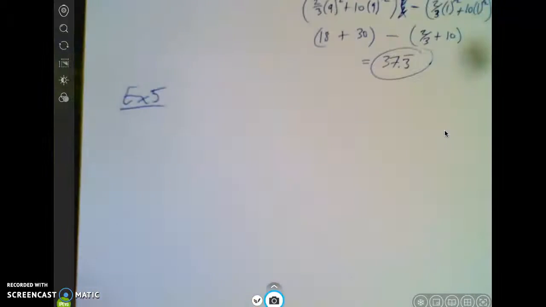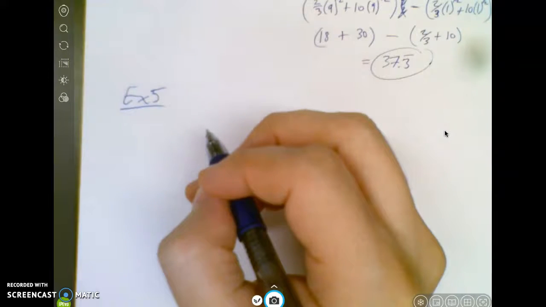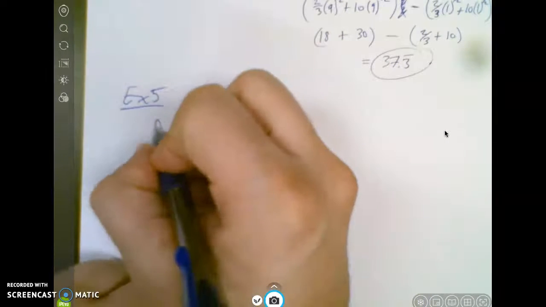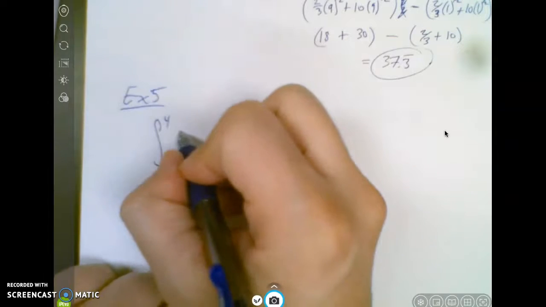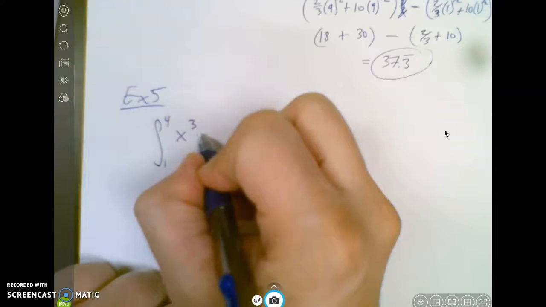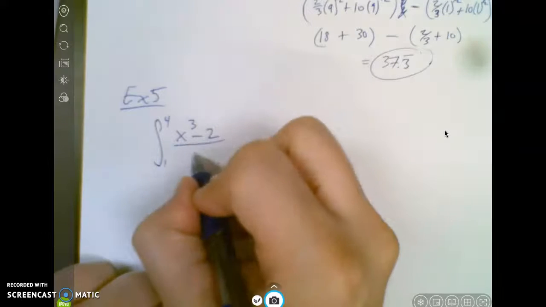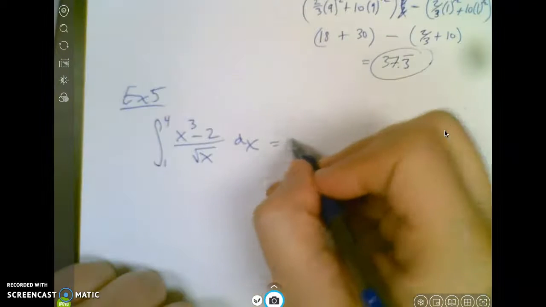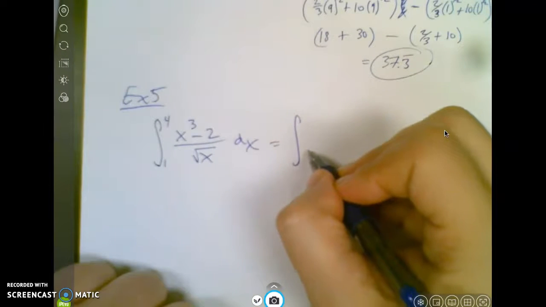Okay, and our last problem is going to be pretty similar, just more fraction stuff. So we're going to go, because sometimes it just takes practice with those. If I had x to the 3rd minus 2 over radical x, right? First, I would recommend a rewrite.